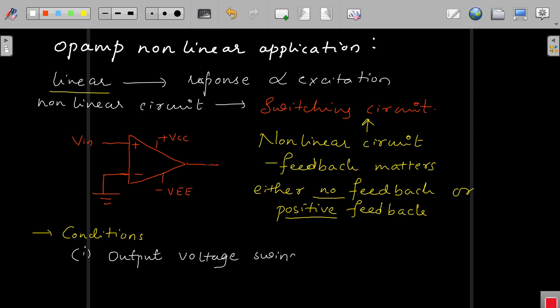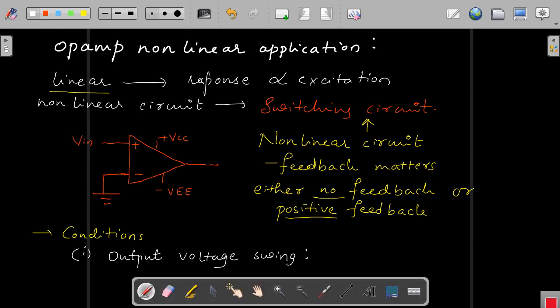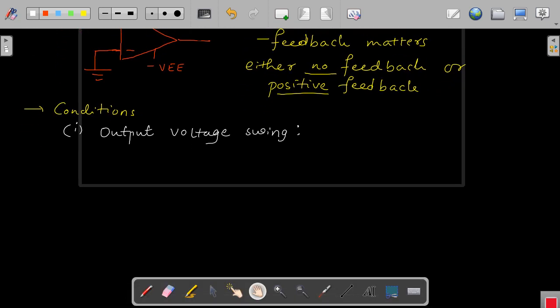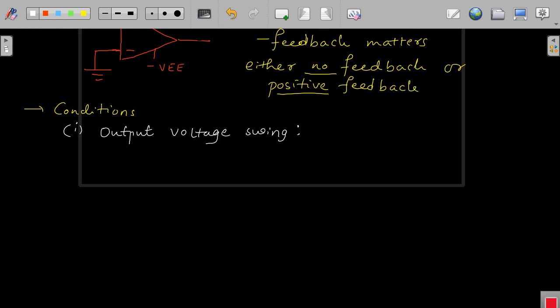Output voltage swing. Now, whenever I speak about the switching circuits, to what values is the output going to switch, or between what values is the output going to switch? What decides the switching of the output to what value?